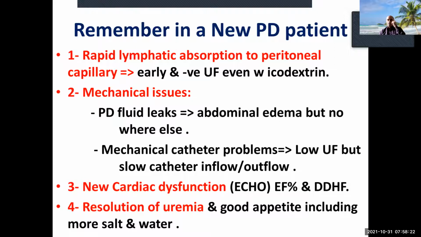Remember, I need you to put this in your mind. With any new PD patient, you will receive many calls from the PD nurse for this issue: rapid lymphatic absorption of the PD fluid into the peritoneal capillaries early after starting PD, and negative ultrafiltration even with icodextrin. For a newly started patient, the nurse will say, I give 2 liters, he gives me only 1.5 or 1.6 liters.